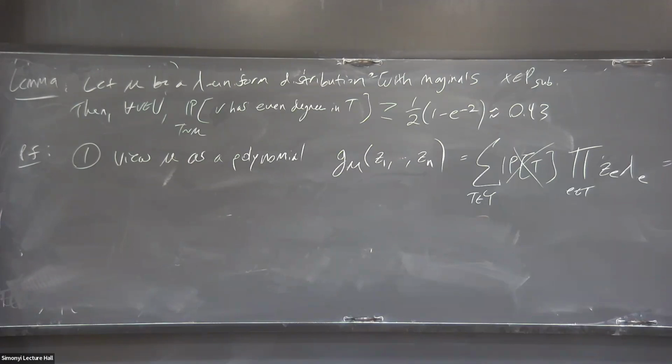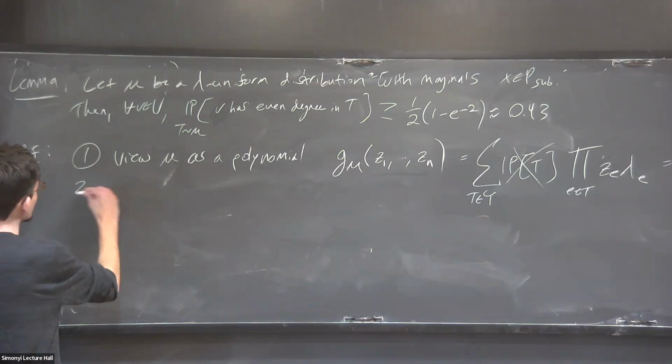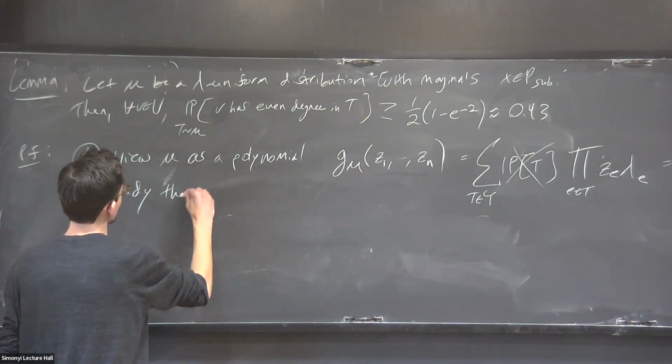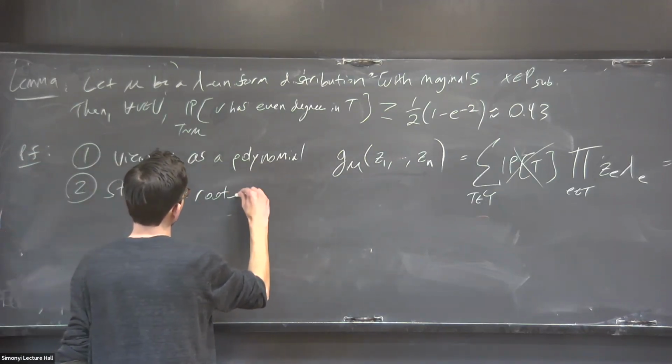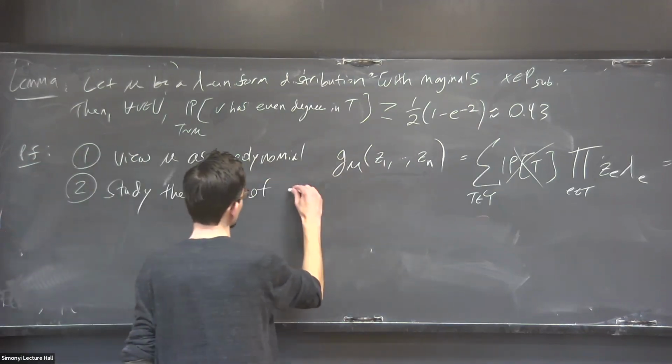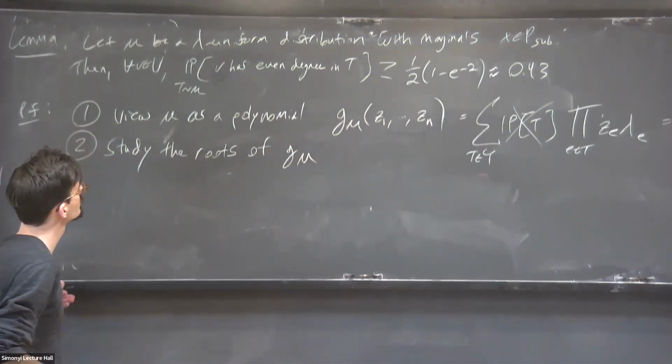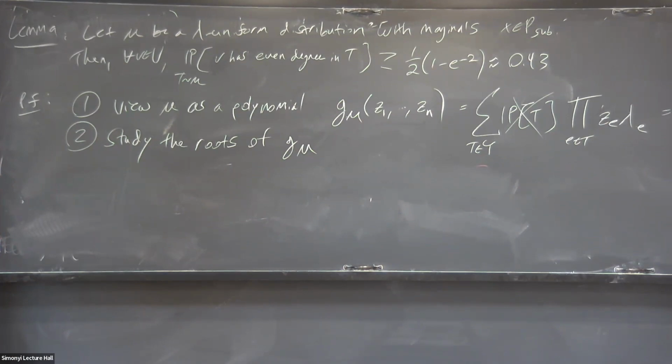Okay, and then the second thing is we're going to study the roots of this polynomial. It turns out we do know a lot about the roots of G of mu.